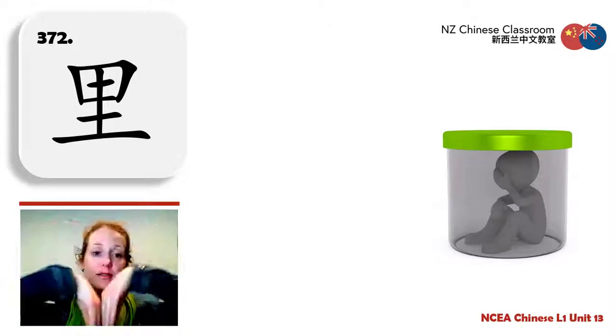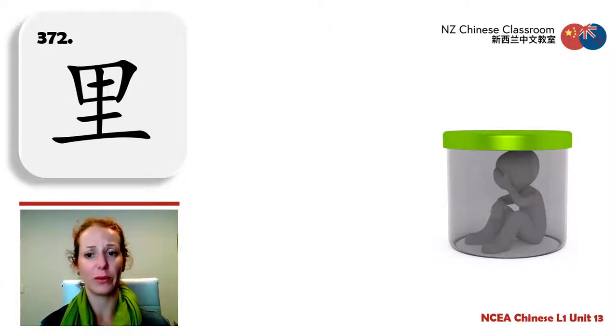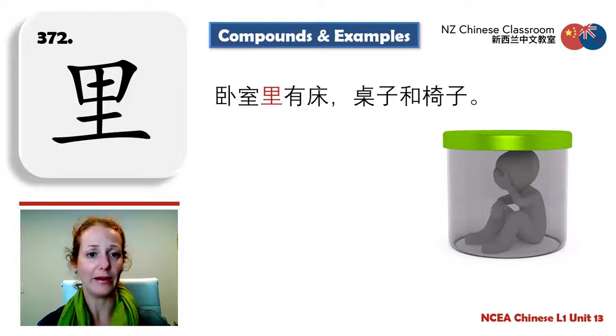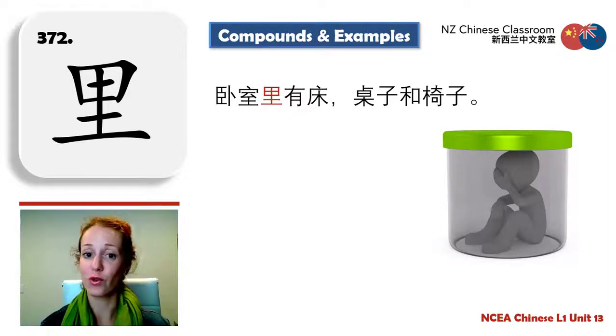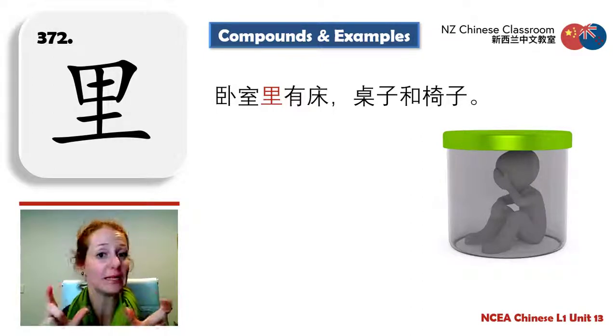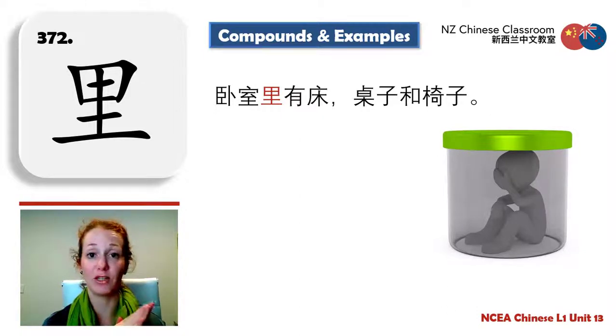里, inside. Sorry about the weird picture. Hopefully you get it. 卧室里有床、桌子和椅子. So inside the bedroom, so you can have a place 里, the preposition behind it.